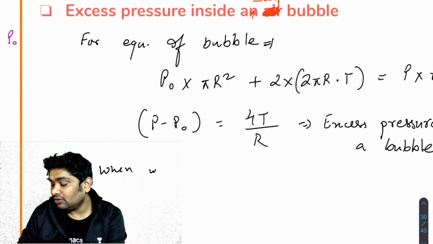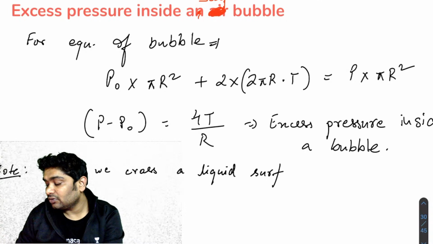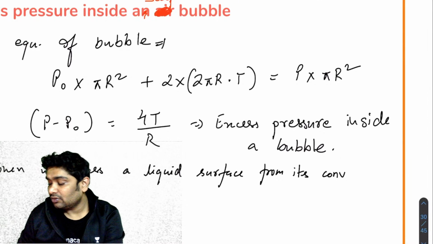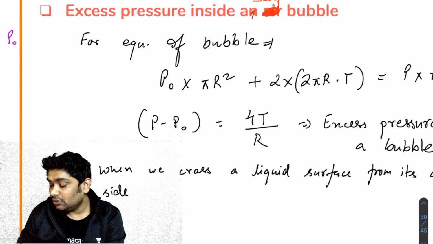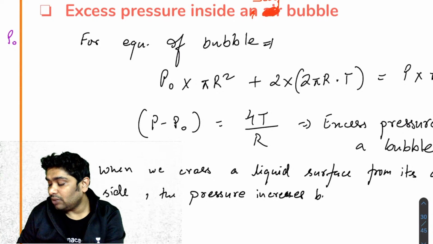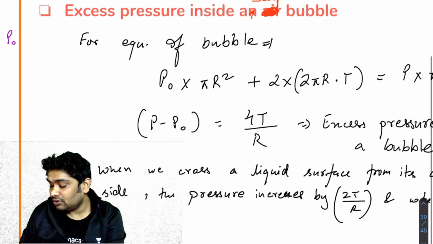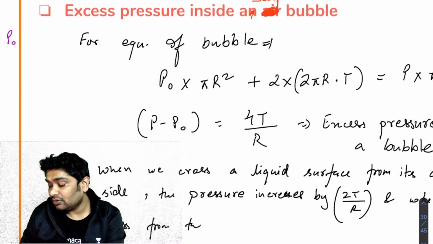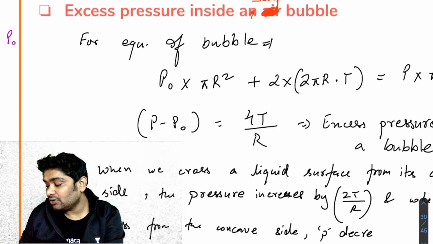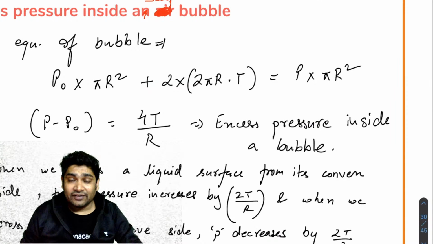When we cross a liquid surface from its convex side, the pressure increases by 2T over R, and when we cross from the concave side, P decreases by 2T over R. This is a very, very important conclusion.